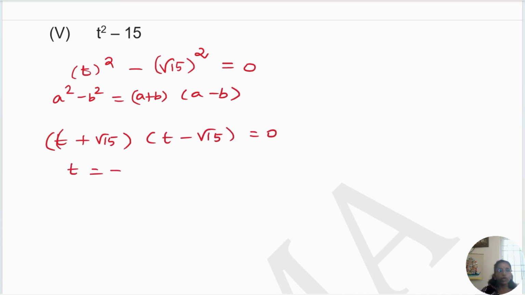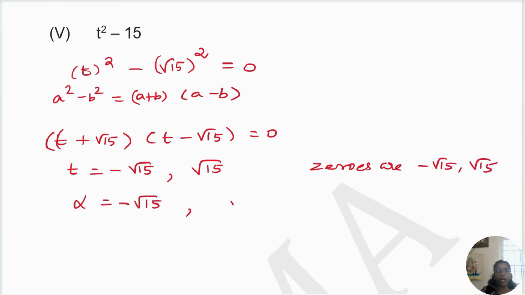So our t values are minus root 15 and plus root 15. So you can write your zeros are minus root 15 and plus root 15. Alpha is minus root 15 and our beta value is plus root 15.